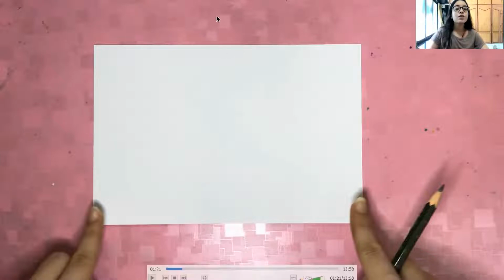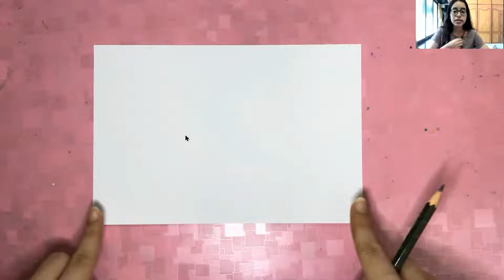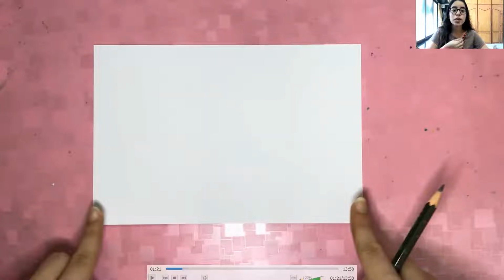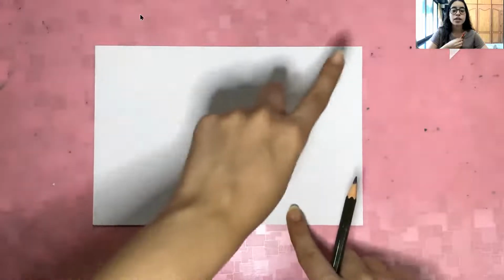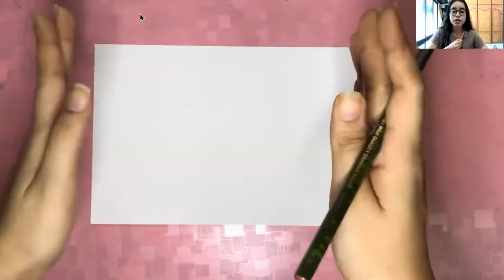It would be easy for you to draw in landscape mode, since the illustration would fit well in this particular orientation of the paper. So first and foremost, just rotate your sheet to landscape mode. All right, so once done, let's get started with the illustration now.